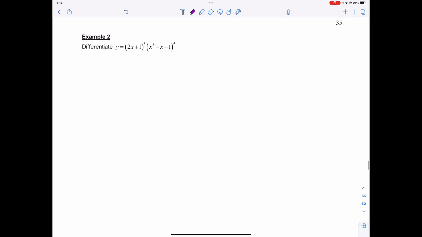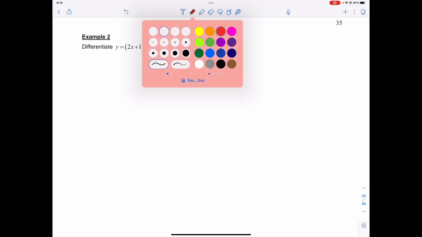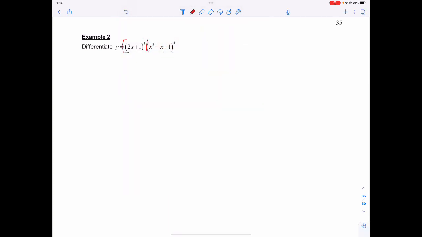Let's try this with the product law instead of the quotient law. So we have two things we're multiplying together. We have factor 1, and we have factor 2. So we know that y prime is going to equal factor 1, (2x plus 1) to the power of 5 times derivative 2, or d over dx of that, (x cubed minus x plus 1) to the power of 4.